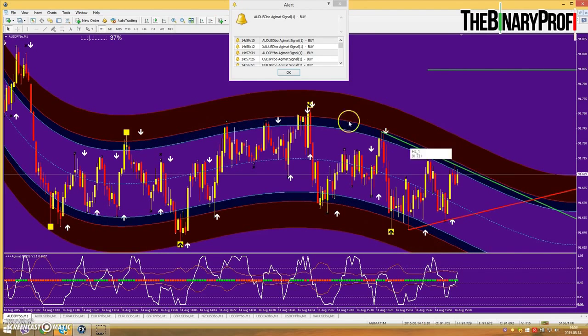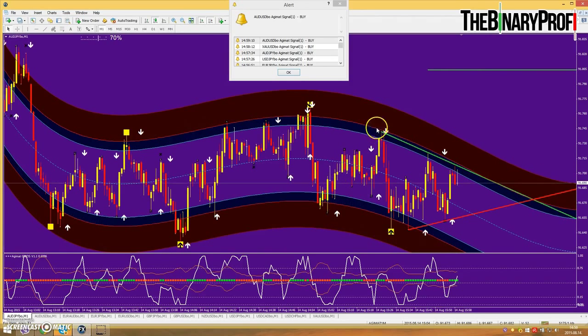And you can see the white arrows here everywhere. All these arrows are non-repainted arrows. That means these arrows will not disappear after 1 hour, after 2 hours, or after a month, or after weeks. That means these arrows will stay the whole time here.